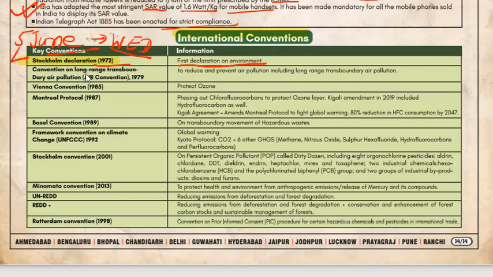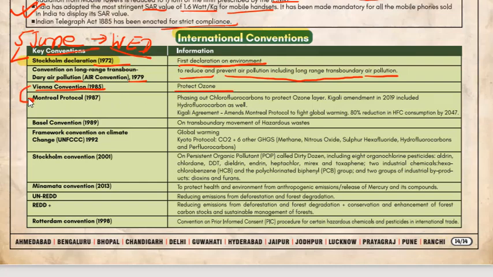Next is the Convention on Long Range Transboundary Air Pollution, 1979. We have already discussed it earlier, to reduce and prevent air pollution, including long-range transboundary air pollution. Next is the Vienna Convention of 1985. This is to protect ozone.